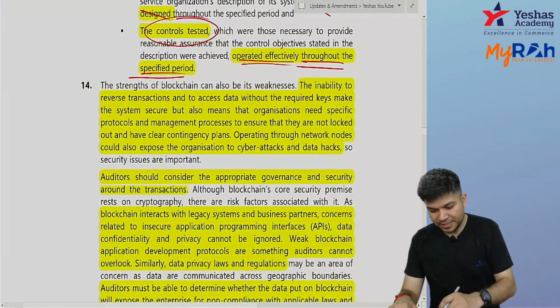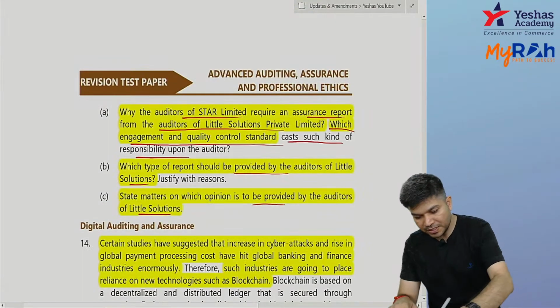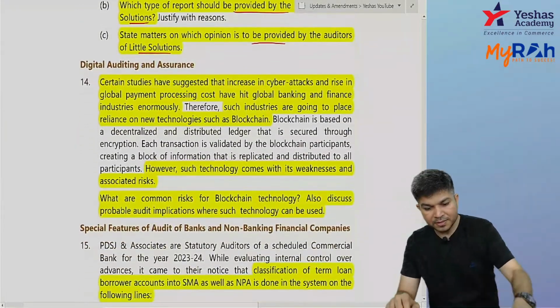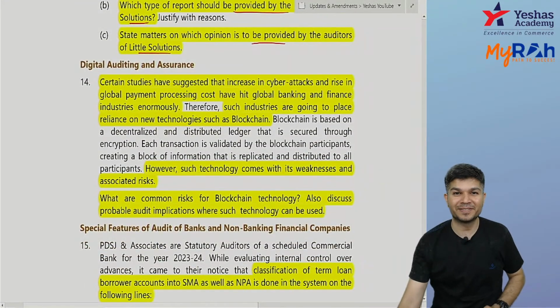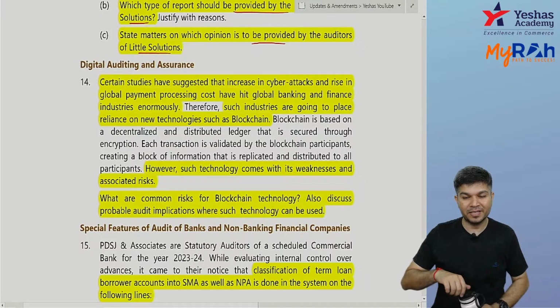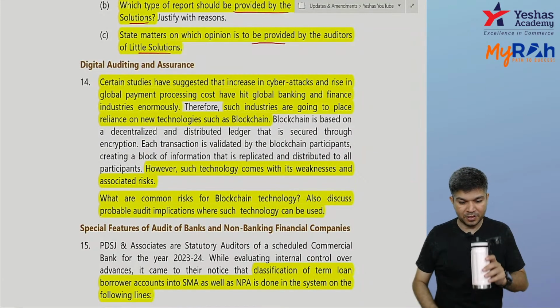Question number 13 done. Let's go to question number 14. Digital auditing and assurance, a new chapter which was added. A question from that.